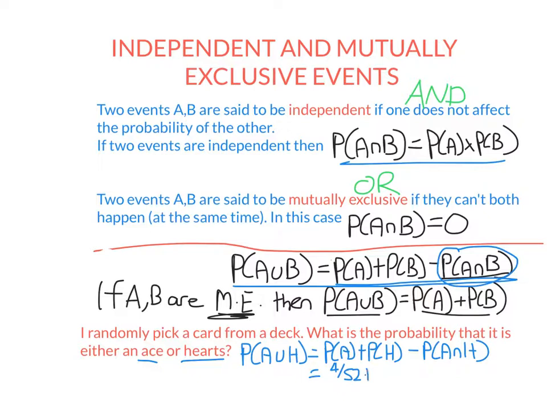The probability of getting a heart is 1 over 4 because there are 4 suits: hearts, diamonds, clubs, and spades. Now, the probability of getting a card that is both ace and hearts is 1 over 52, because that's the probability you get the ace of hearts. There's one such card in the deck out of 52. So now you simply put this in your calculator, and you get the same answer as last time, 16 over 52, or 4 over 13. Okay, and that's the final answer.